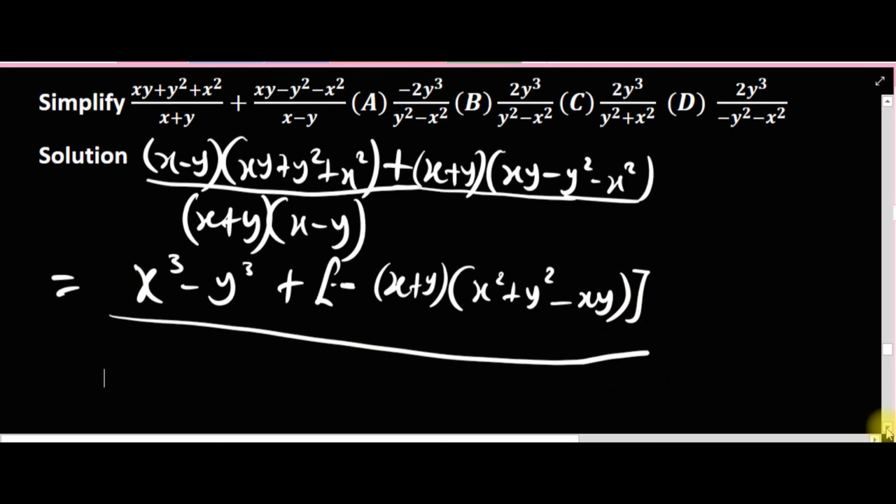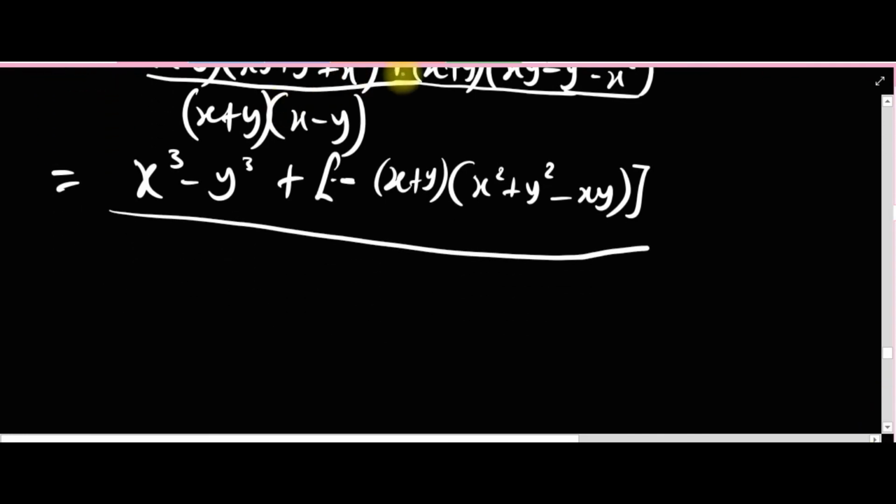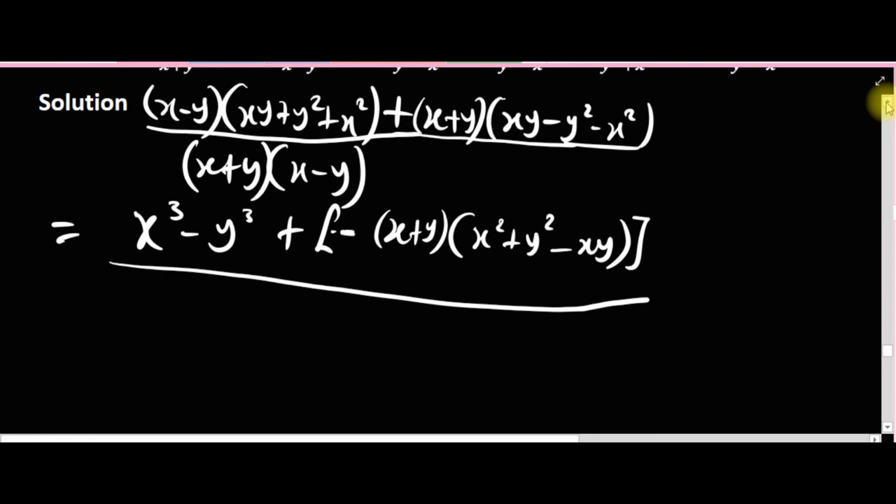Do you get what I just did? I need to make this positive, so we bring the negative sign out. If you open, minus times minus x squared is plus, so we are correct.